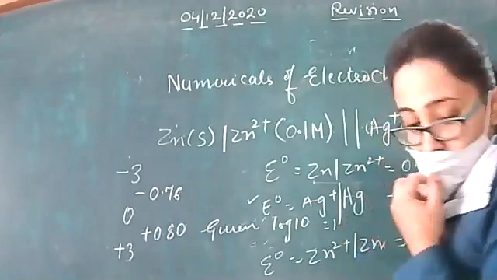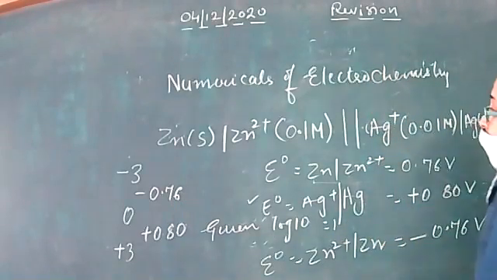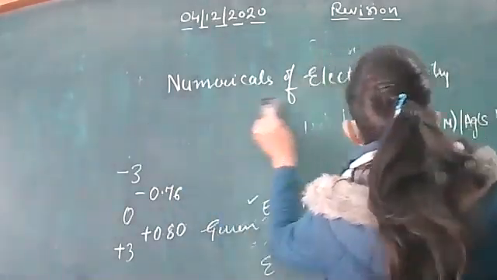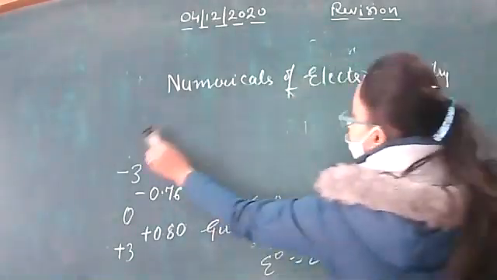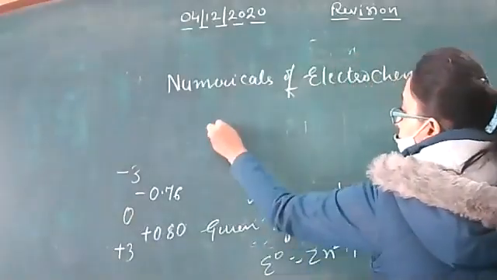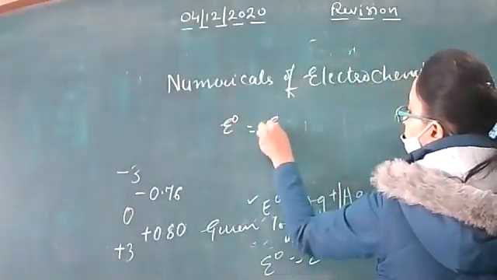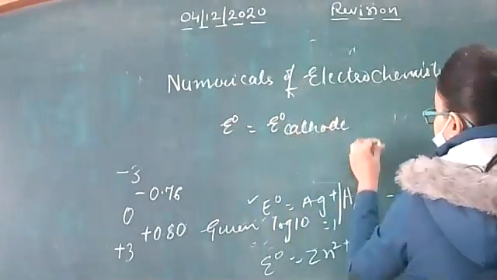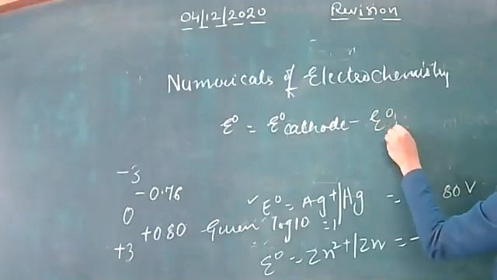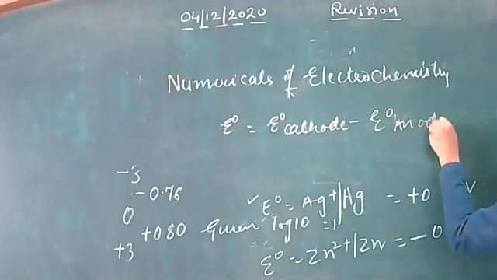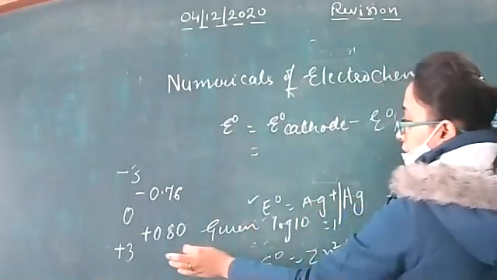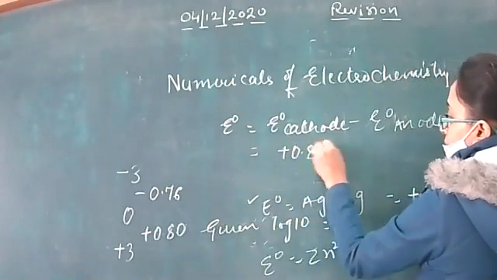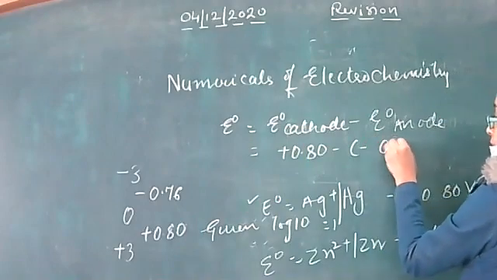So from here we will find E naught first. E naught is equal to E naught cathode minus E naught anode. So cathode is 0.80 minus (minus 0.76).